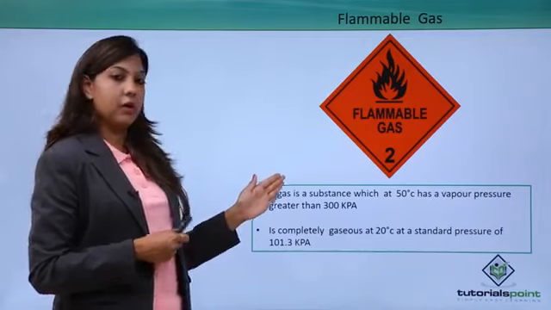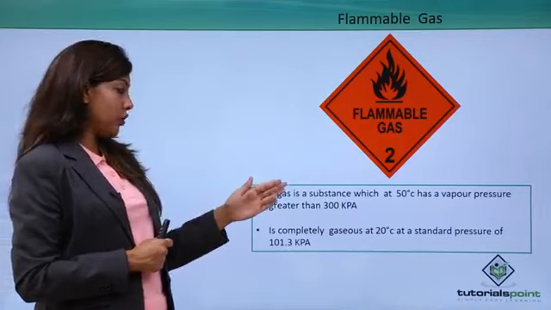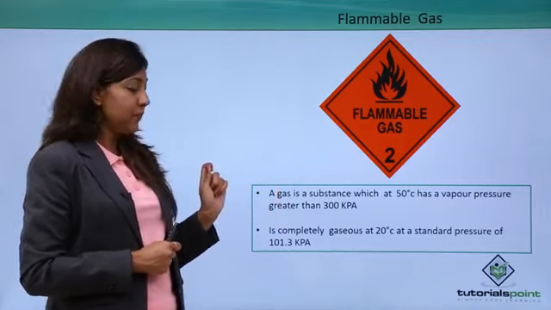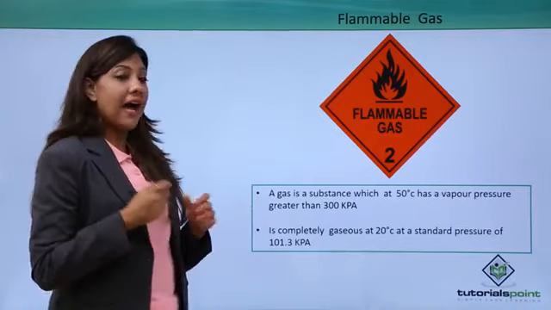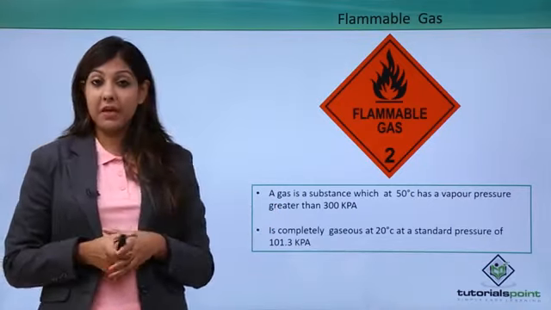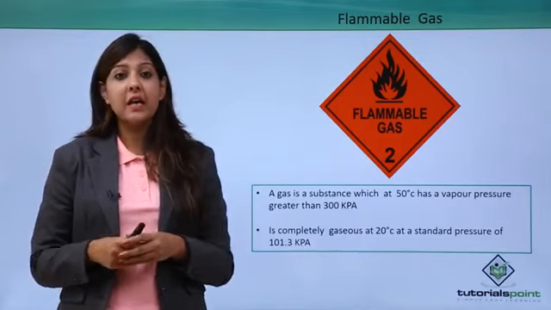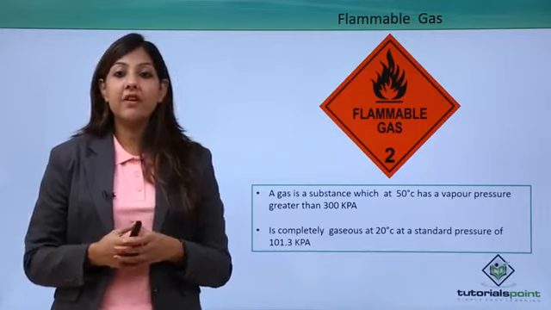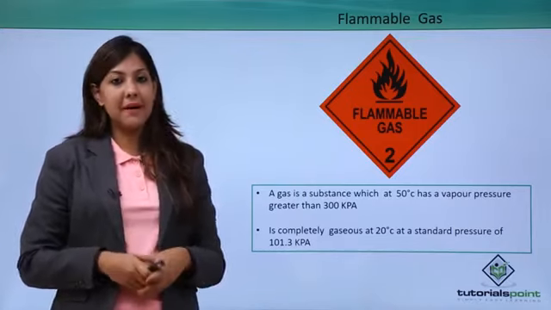It is a substance which at 50 degrees centigrade has a vapor pressure greater than 300 kPa and is completely gaseous at 20 degrees Celsius at a standard pressure of 101.3 kPa. So friends, these are gases which can really instigate fire and are very easily flammable. Hence, they have to be avoided being carried by the passengers.